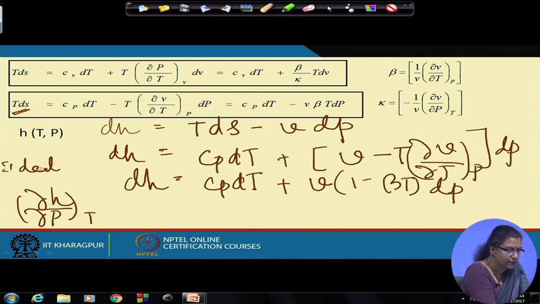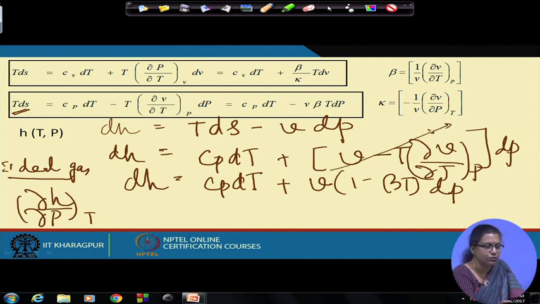Let me find del V del T at constant P. What is del V del T at constant P for an ideal gas? It is nothing but R by P. So RT by P for 1 mole of the gas is nothing but the molar volume. Therefore this whole term cancels out for an ideal gas, which shows us that del H del P at constant T for an ideal gas is 0.